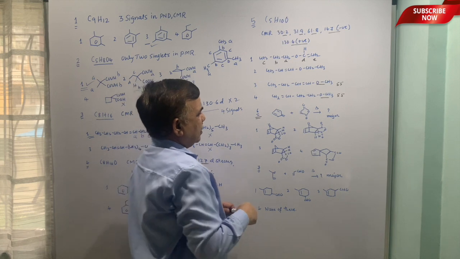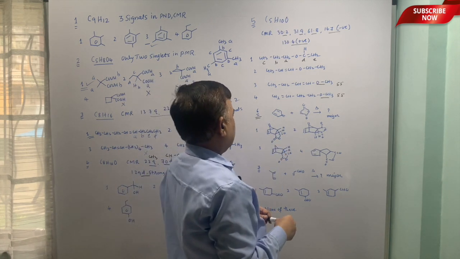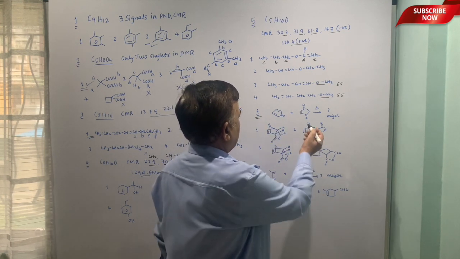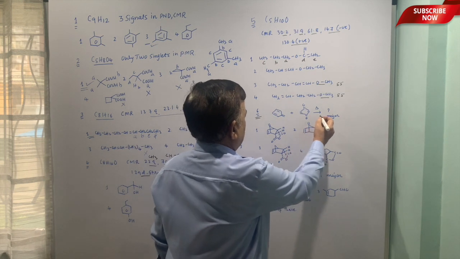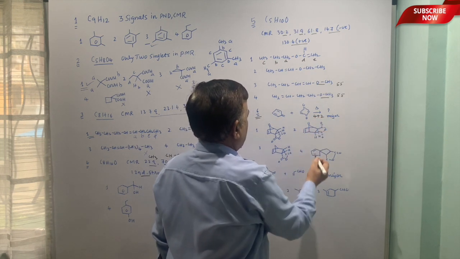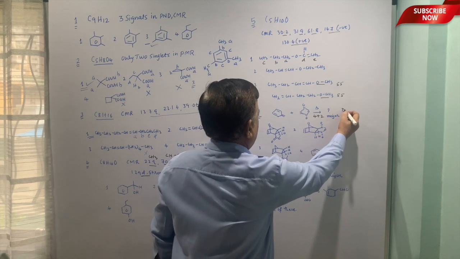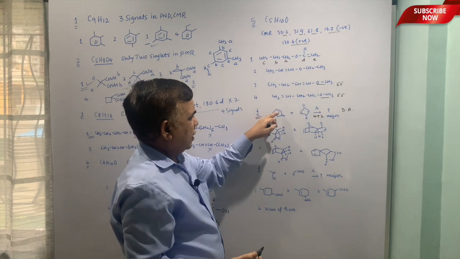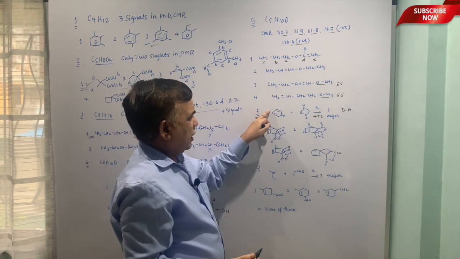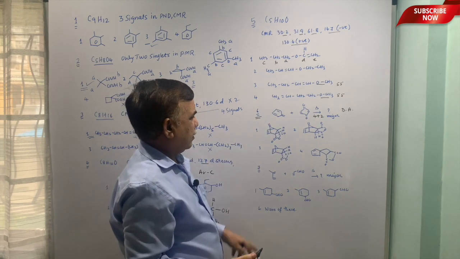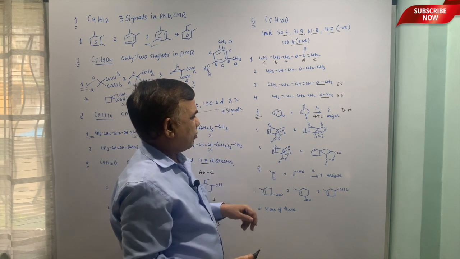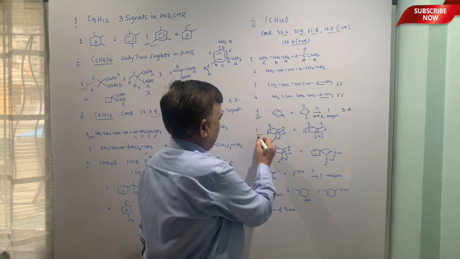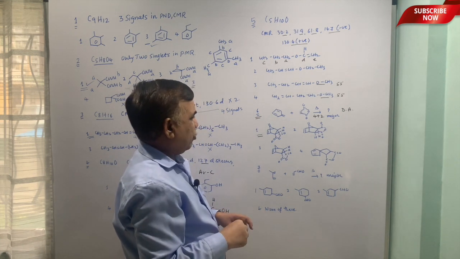Now the next one is based on pericyclic. This diene is, or you can say triene, because this is exocyclic bond, is treated with, so thermal will be 4+2, and they are asking about major product of Diels-Alder. In this case, the internal double bonds will act as a diene. This is out of conjugation, and in all probabilities we will be having this compound as a major product, that is endo product.